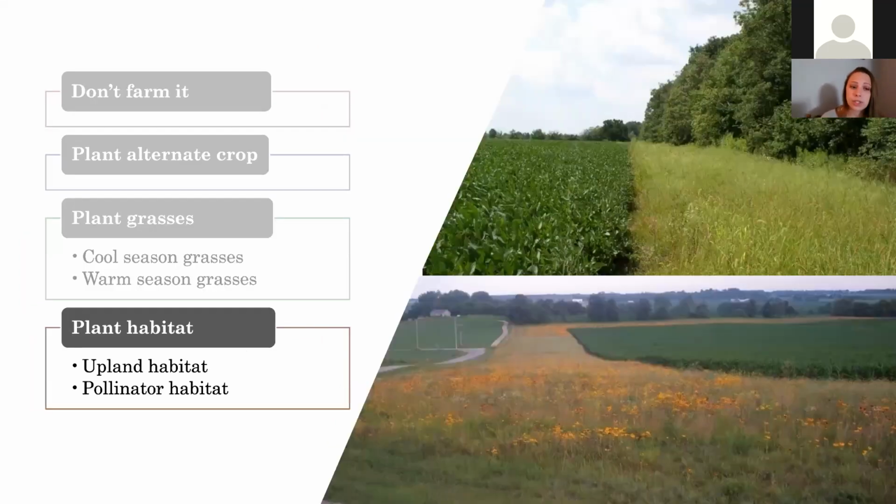And the last option is to plant habitat. So either upland habitat, like in the top picture, which is really heavy on grasses, or pollinator habitat, like in the bottom picture. Again, you can see in these pictures just how lush the crops are, budding up to these borders that we didn't see in that first picture of the soybeans coming up to the forest.